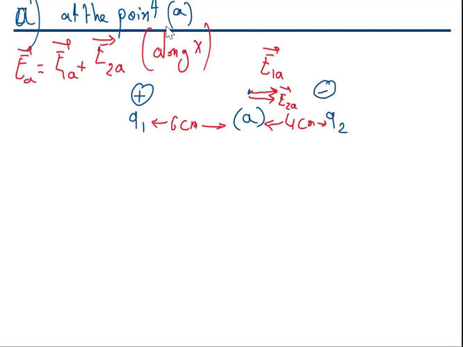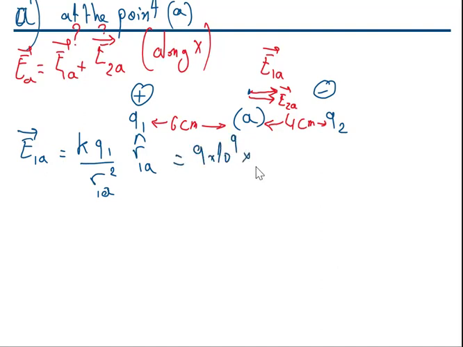Okay, so come back to the determination of the quantities. E1A, by definition, is k Q1 over r1A squared multiplied by the unit vector of r1A. So it will be 9 times 10 to the power 9 times Q1, how much?